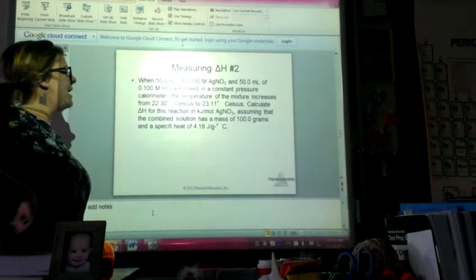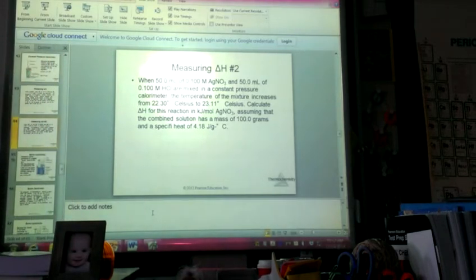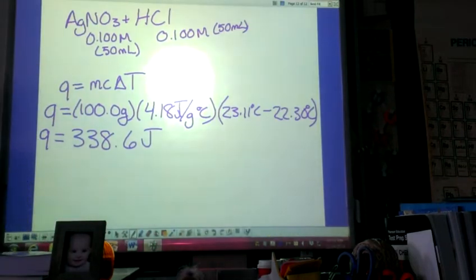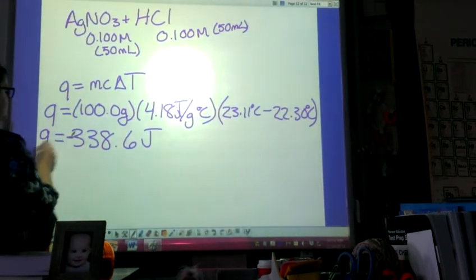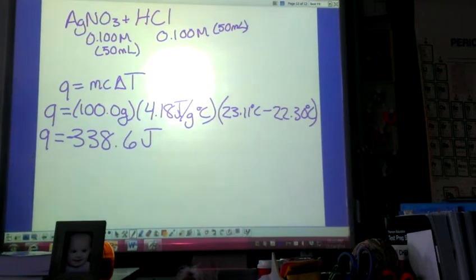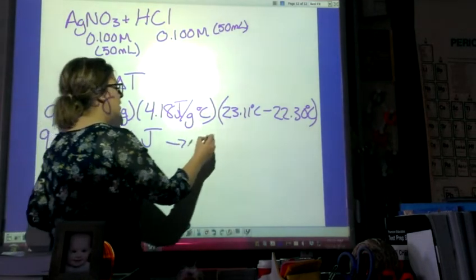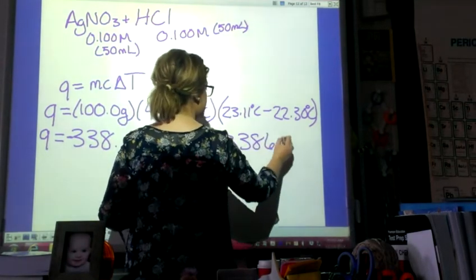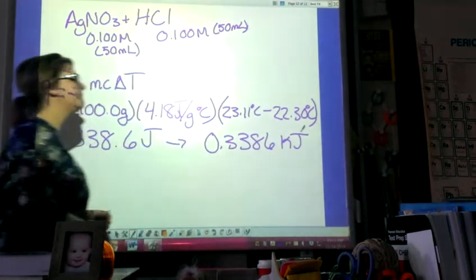Because the temperature is increasing, and remember I'm really just measuring the water that's in here, that means the reaction is releasing energy. Because the system is losing energy, Q here should be negative, so it should be negative 338.6 joules. I want this in kilojoules though, so that would be negative 0.3386 kilojoules, okay?